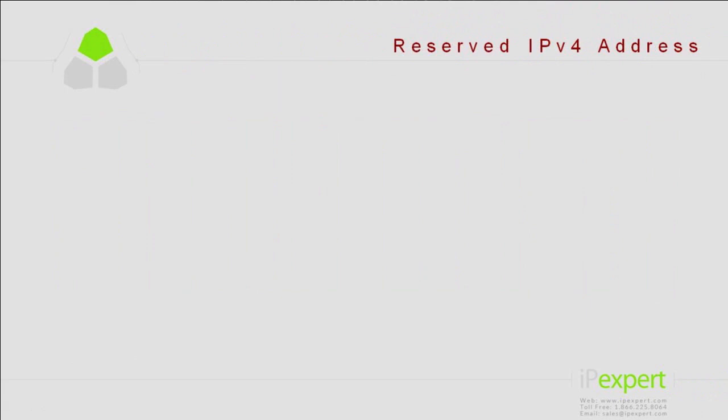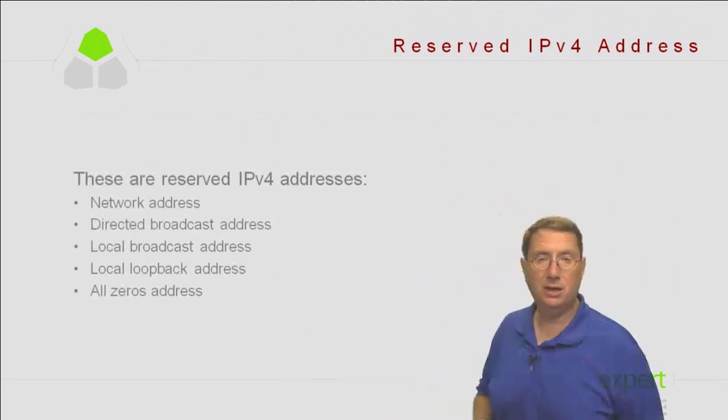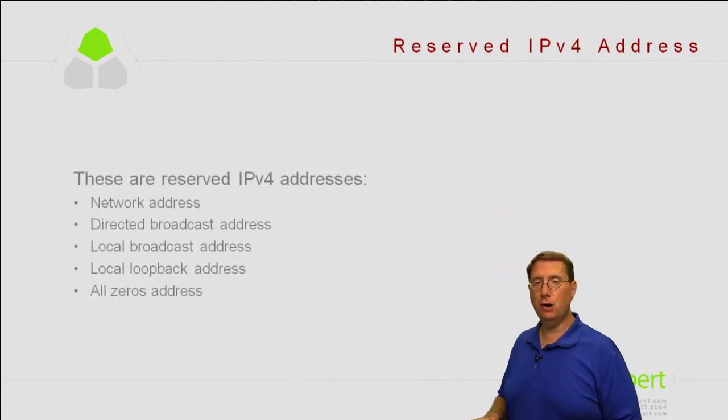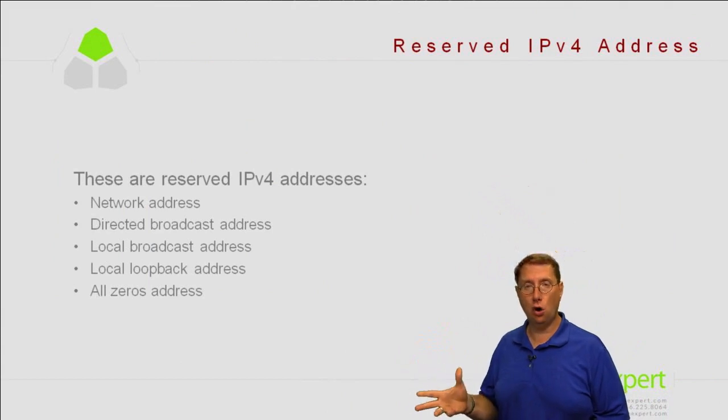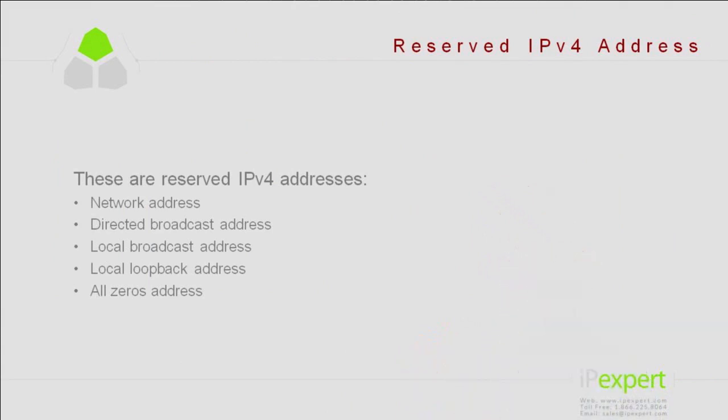Now we have reserved addresses. The reserved address ranges are very significant because they're reserved for special purposes, like that 127 was reserved for loopback addresses for testing. When we start looking at this, we have to recognize that there are reserved IPv4 addresses.